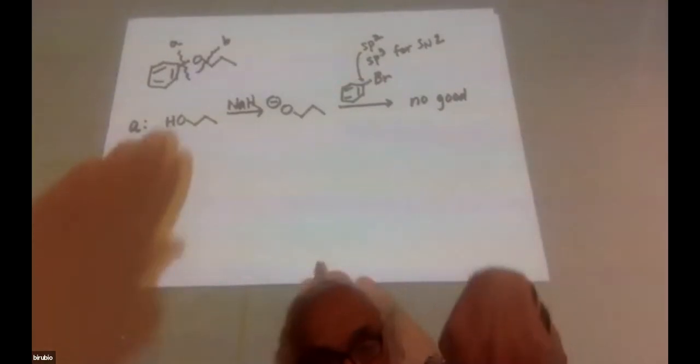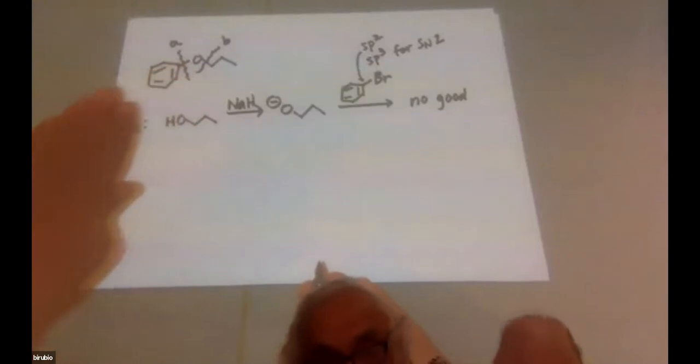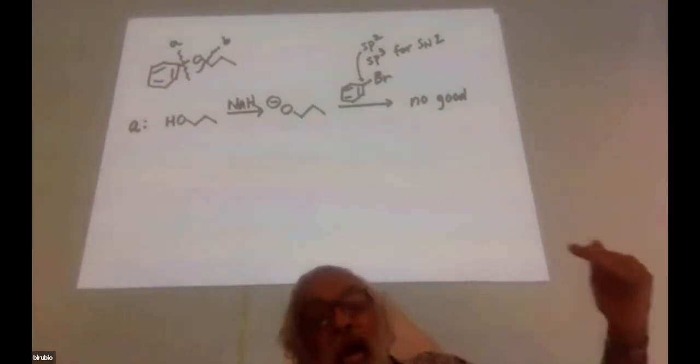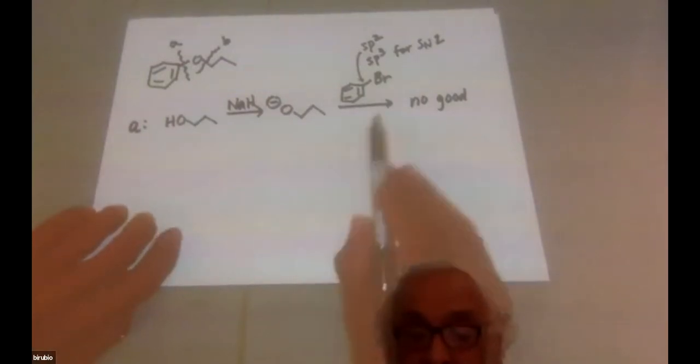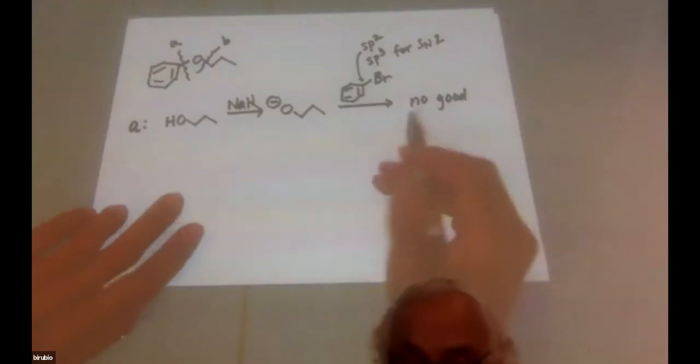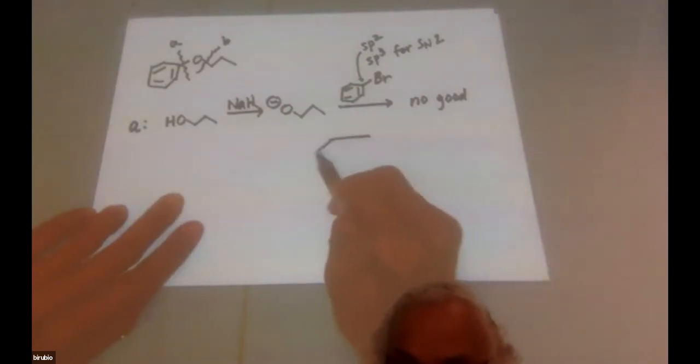What do we know about SN2 is the nucleophile has to attack in a backside manner. It can't come in at an angle from the front, from the top. It can't come in from an angle from the bottom. It has to do a backside attack. So in order for SN2 to happen on this sp2 hybridized carbon, what would have to happen is something like this.